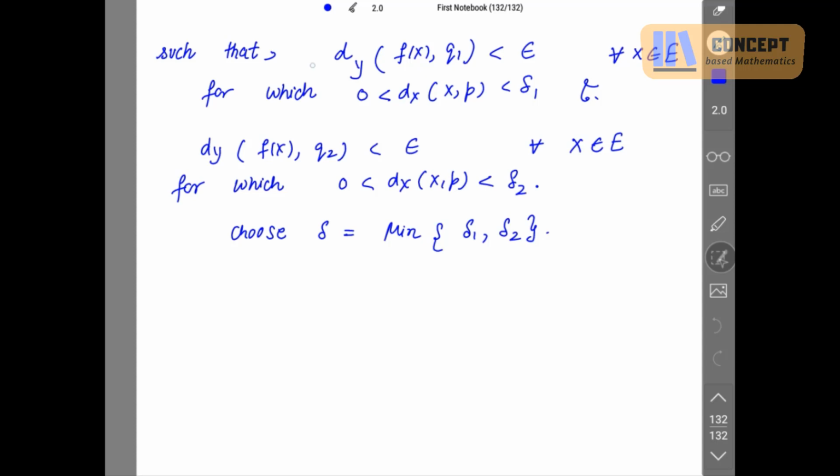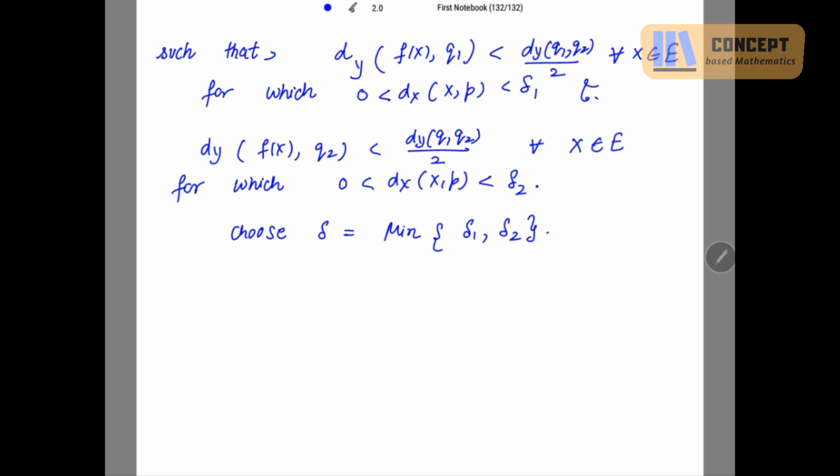So the distance in Y of f of x comma q1 will be less than this epsilon, that is the distance between q1 q2 over 2. And also this same epsilon works for the second one, q1 q2 over 2. Right.